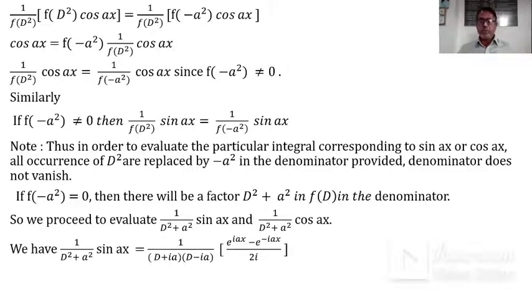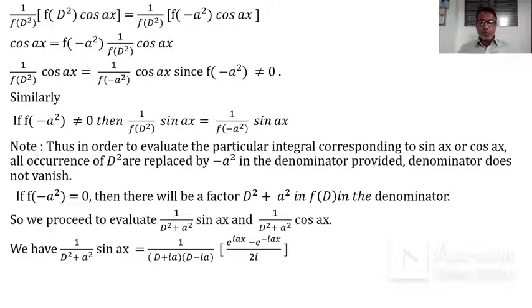Now for that purpose you may write this in terms of the statement of the theorem, or I usually want to see what is the effect of 1 upon D square plus a square operate on sine ax. Here this is equal to, we factorize the denominator, and then as usual we operate one by one the linear factors on sine ax.